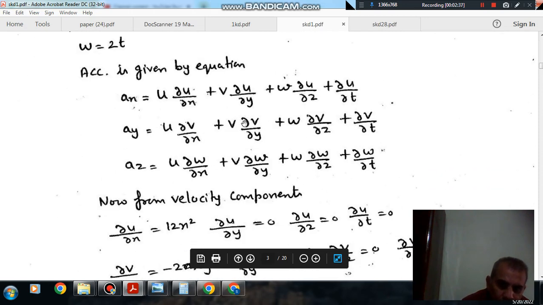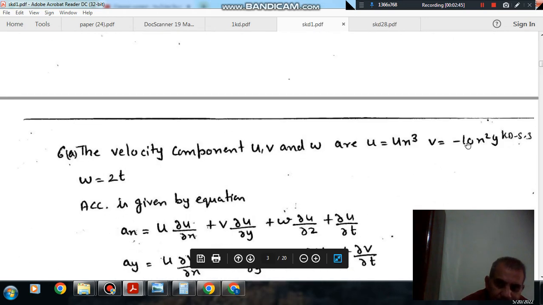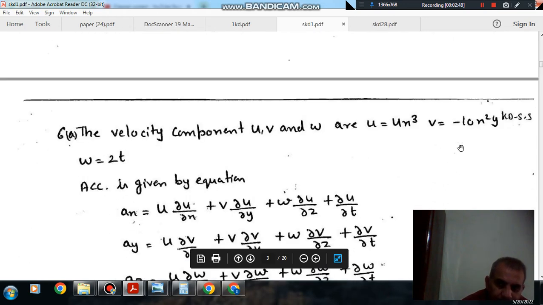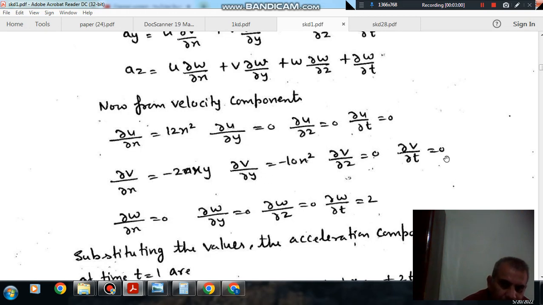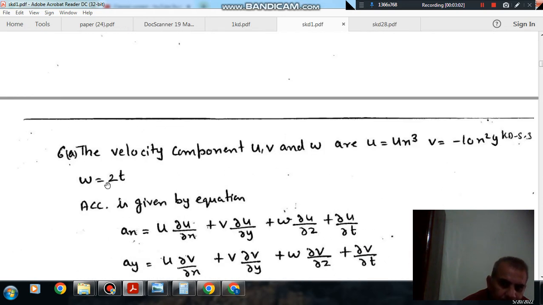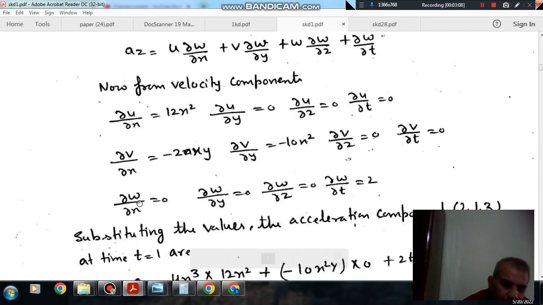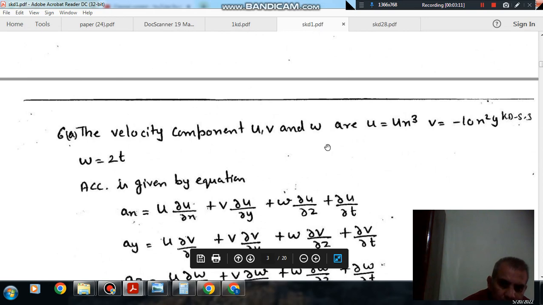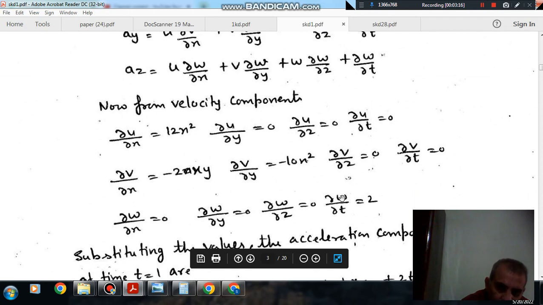So this is 12x² and the rest are 0. Similarly, ∂v/∂x is −20xy, ∂v/∂y is −10x², ∂v/∂z is 0, and ∂v/∂t is 0, as there is no t term in v. Similarly, ∂w/∂x is 0, ∂w/∂y is 0, ∂w/∂z is 0, and ∂w/∂t is z.